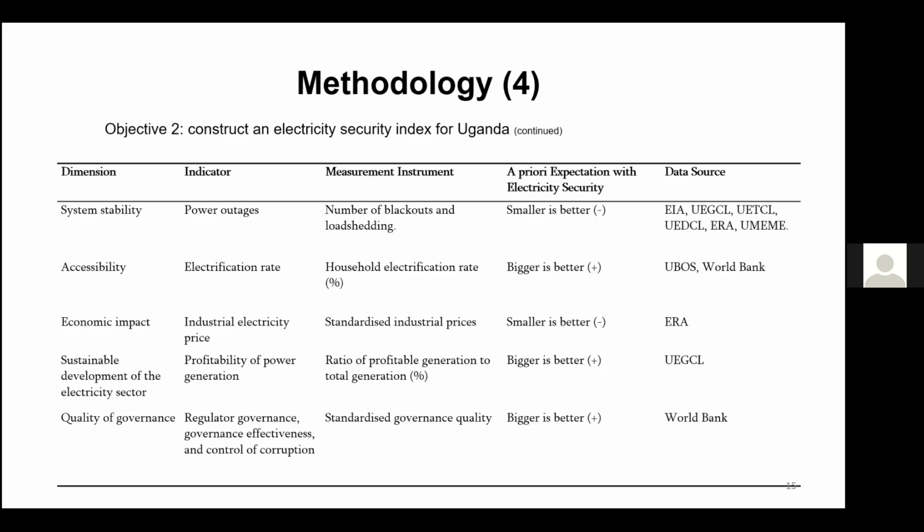Is it that this energy security index has never been produced, or are you extending it? If you are extending, what is your contribution in terms of extending the index? I think that one is also not coming out very clearly.